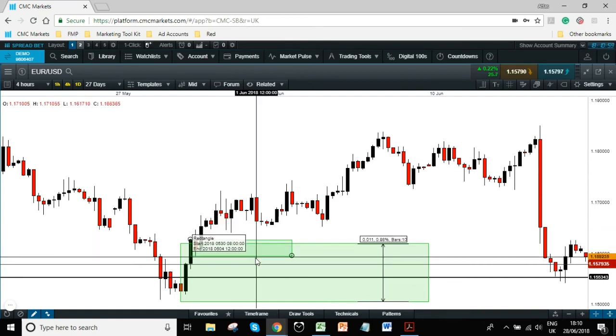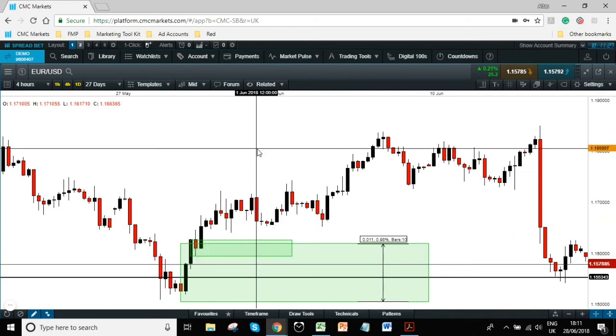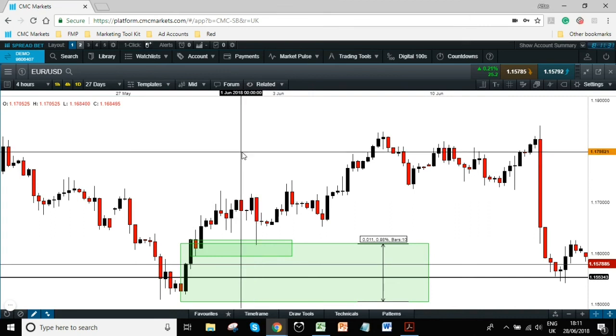And then I may just put my stop loss maybe a pip or so under here, just to give it a little bit of breathing room, just in case it comes down really deep into the zone and then decides to pop back out. The last thing you want to do is get taken out because there's a 2.5 spread, or because there's a bit of a spread and it actually doesn't come down and touch your stop loss. It's just the spread takes you out. It's happened to me plenty of times, and trust me, it's really annoying.